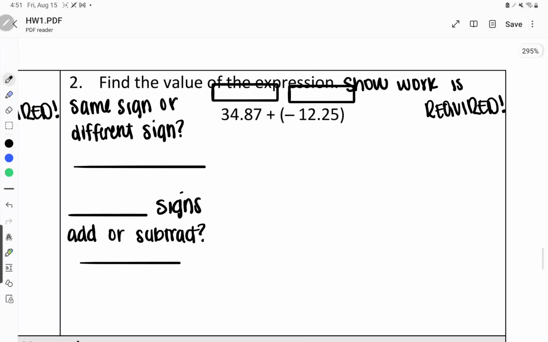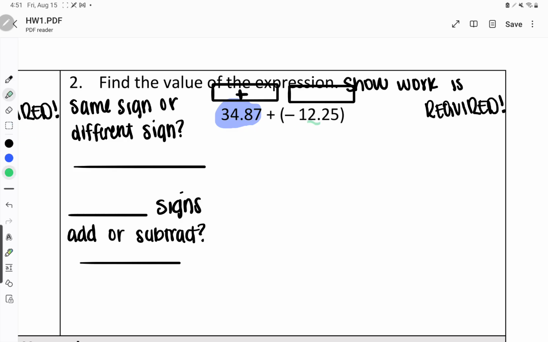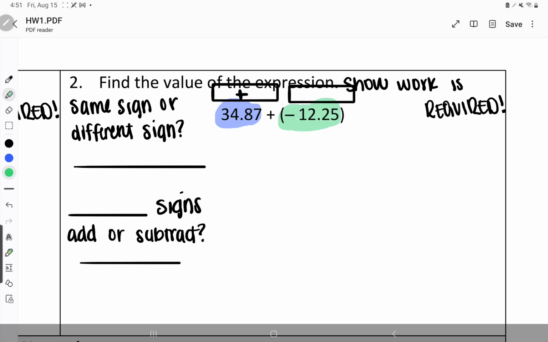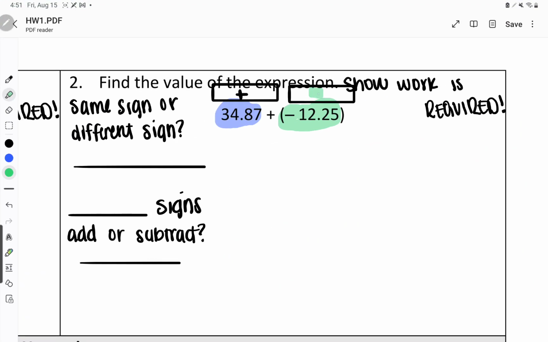Same thing with this one. We have 34.87, which is positive. And then we have negative 12.25, which is negative. Same signs or different signs? Different signs.